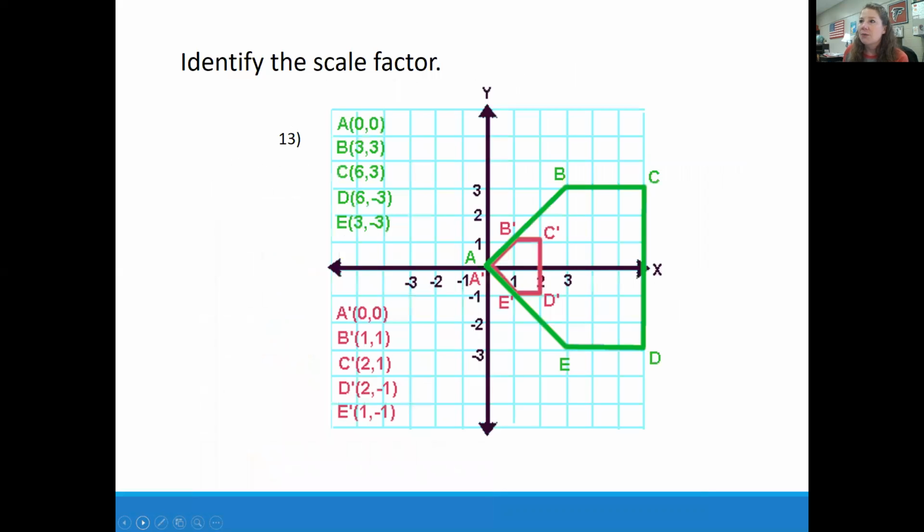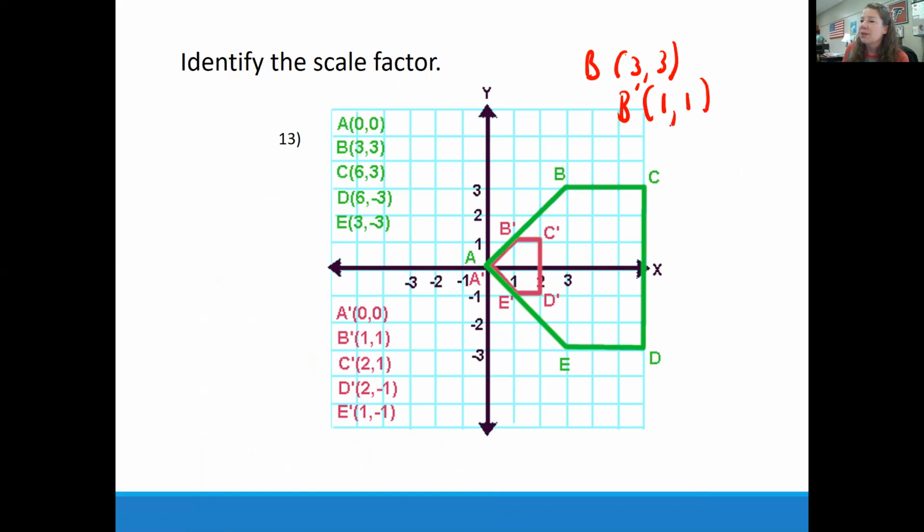Okay? All right, what about this one? Here, A and A prime doesn't help us because 0 times anything is 0. So we have to find non-zero numbers to figure out the scale factor. So let's look at B. So B's original coordinate is 3, 3. And now its image, B prime, is 1, 1.